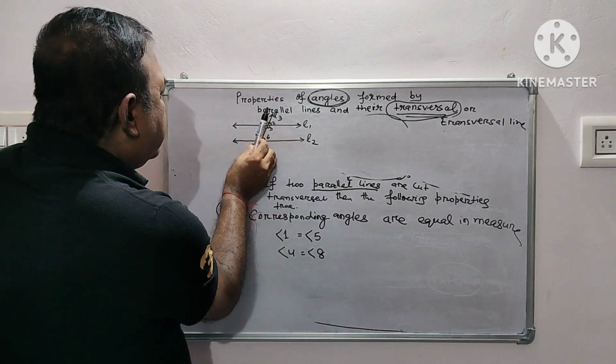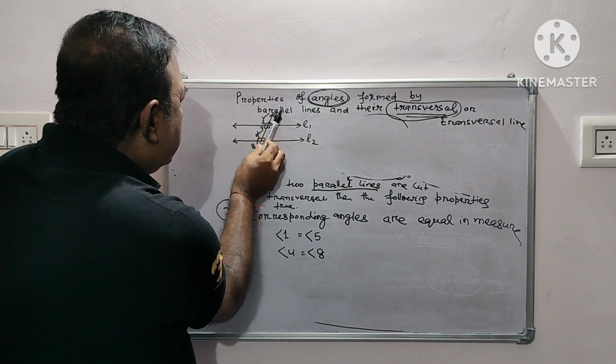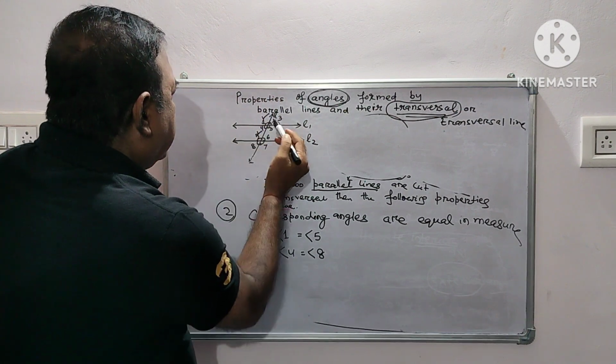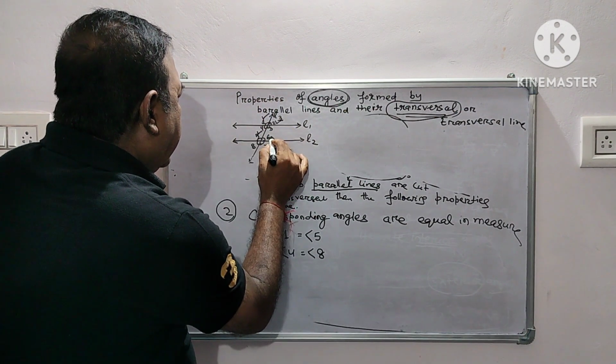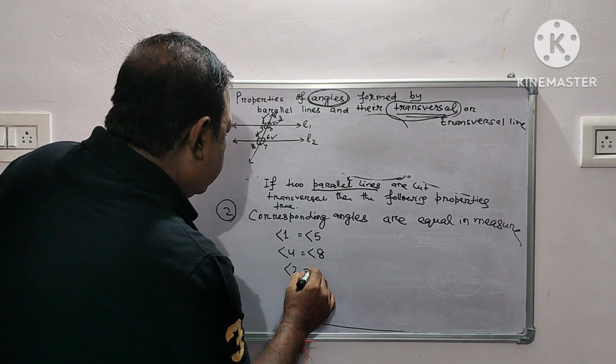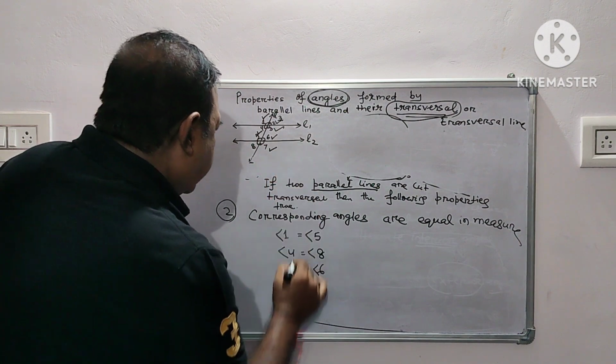Then come to the opposite side. This side is over. We will go to this side of the transversal L3. So you see angle 2 and angle 6. They have the equal measure. Angle 3 and angle 7.